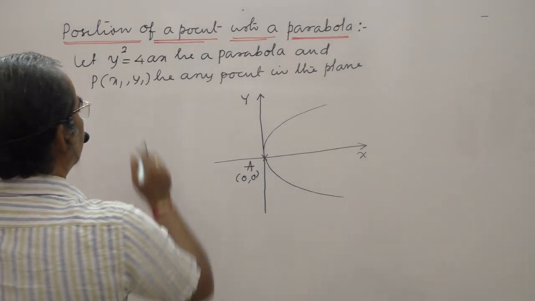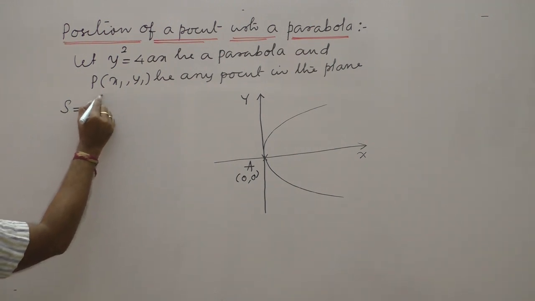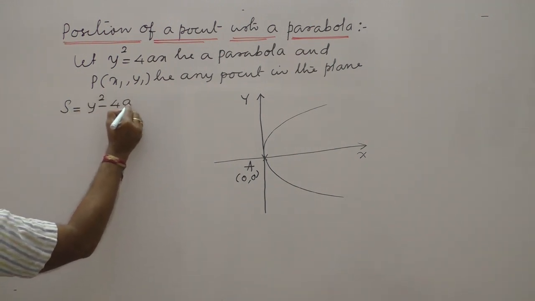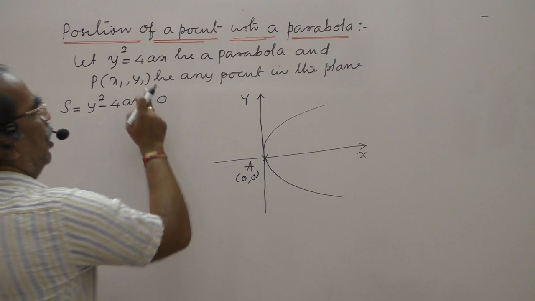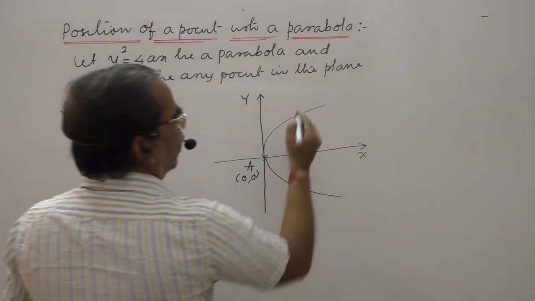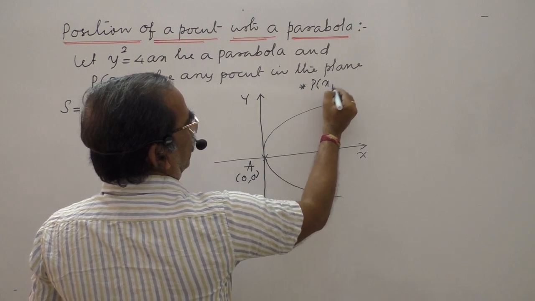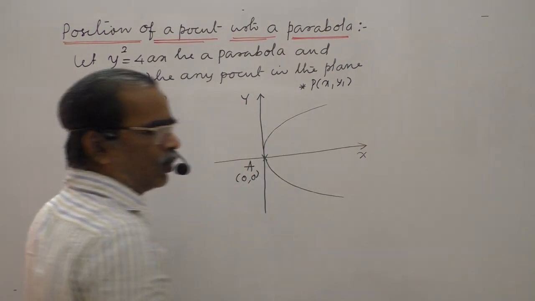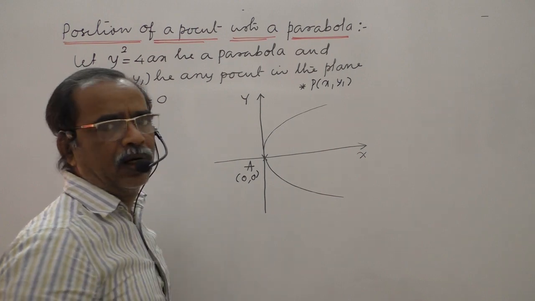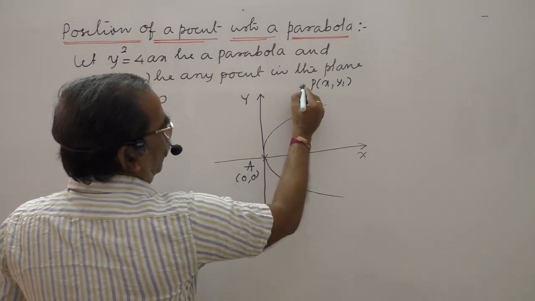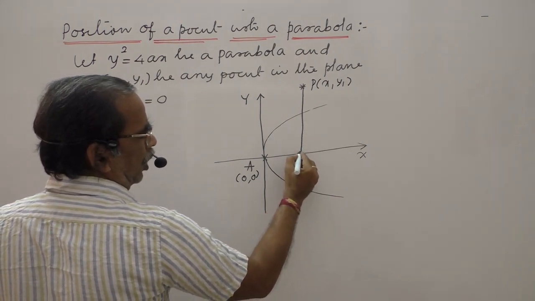Now let us see. Here I will denote the parabola by S, where S is equal to y square minus 4ax equal to 0. A point capital P (x1, y1) is taken, which is any point in the plane. Now we will discuss the different chances. I will draw a perpendicular from P to the x-axis, that is the axis of the parabola.